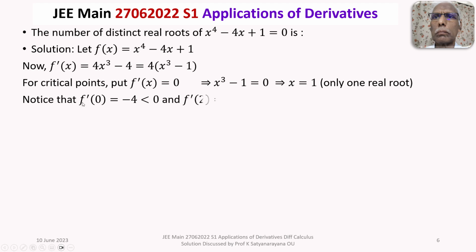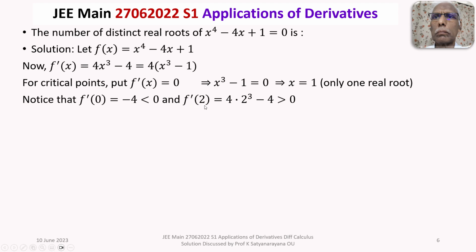Notice that f prime 1 is 0, that means x is equal to 1 is a critical point. To the left of 1, take a convenient point. The convenient point for me is 0. f prime 0 is equal to minus 4, which is negative. And to the right of x is equal to 1, let us take a convenient point x is equal to 2.